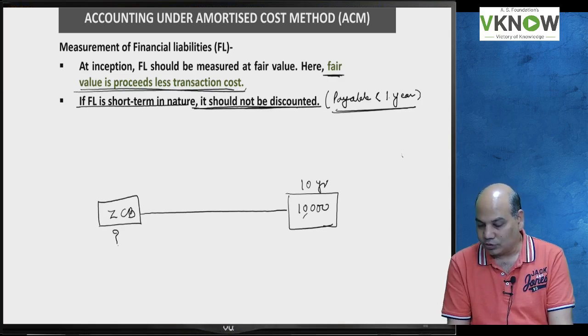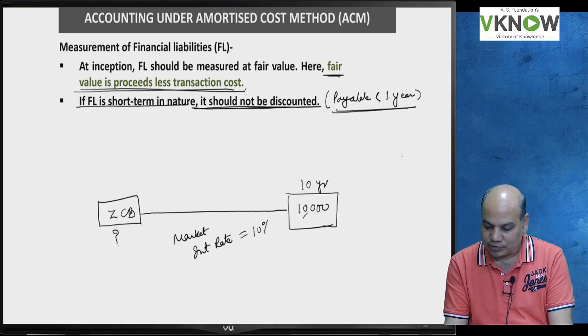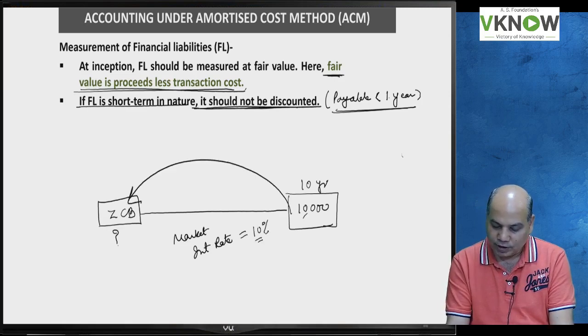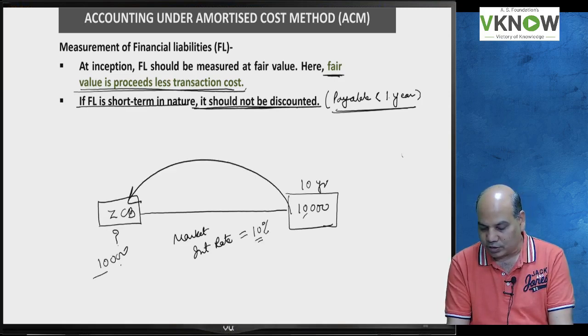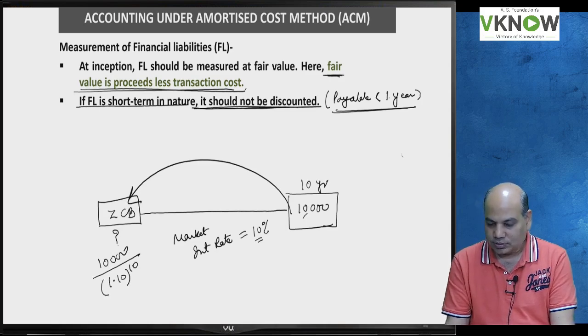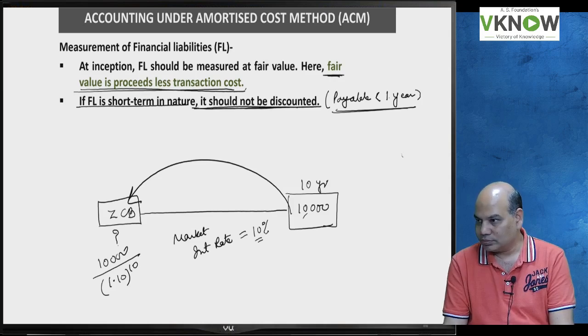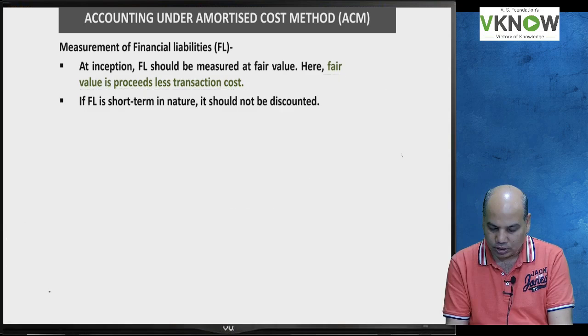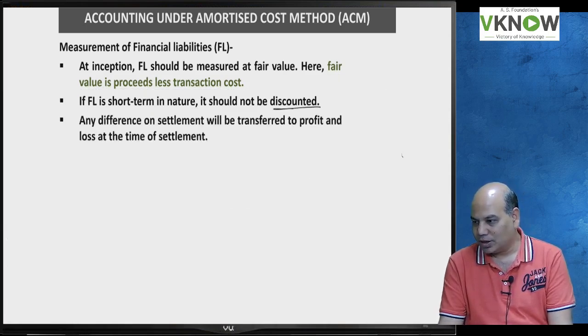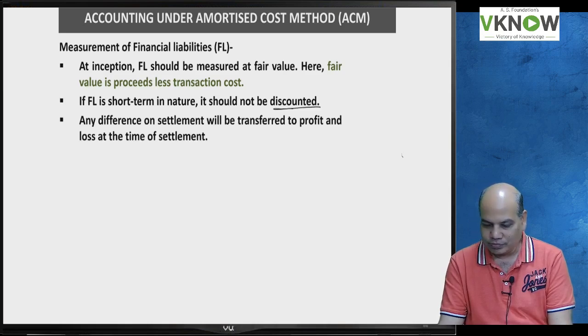But sometimes the institute does not give you that, but says the market rate of interest for a similar bond with similar risk is 10%. So I will find the discounted value of this. That will give me the fair value of the zero coupon bond. So sometimes we'll have to use the discounting technique. I hope all of you are familiar with discount rate and present value.